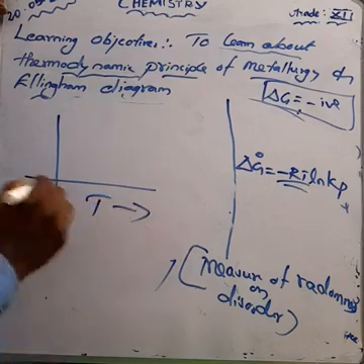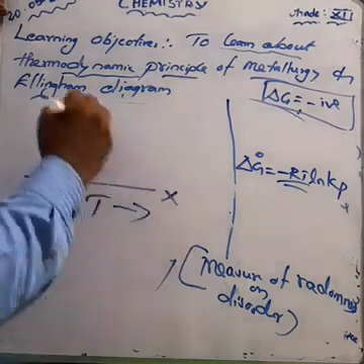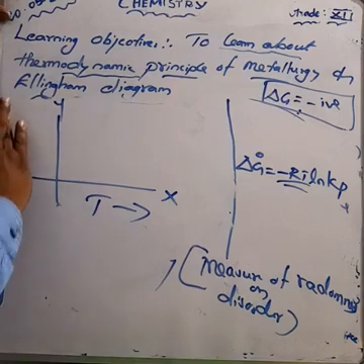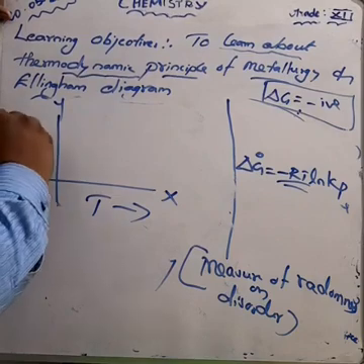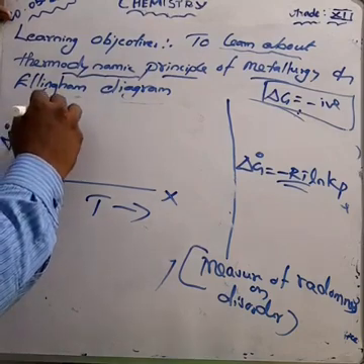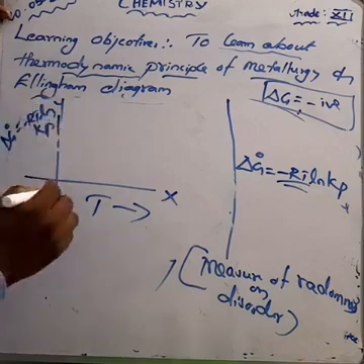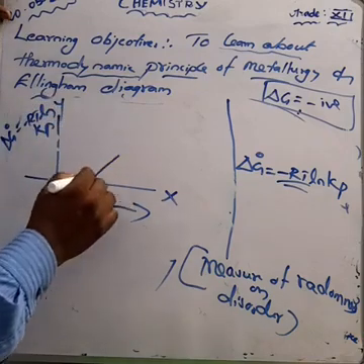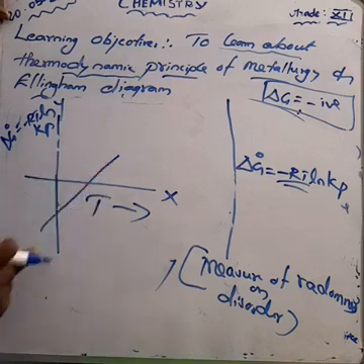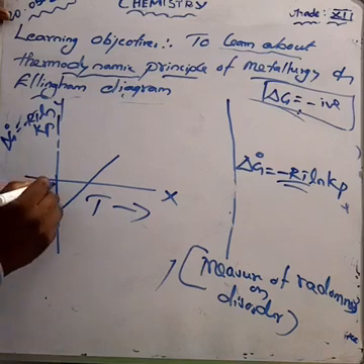By plotting the values as a graph, he got a straight line with delta S as slope and delta H as y-intercept.